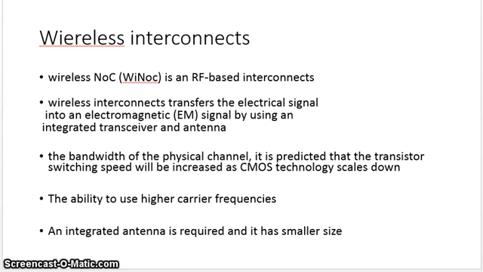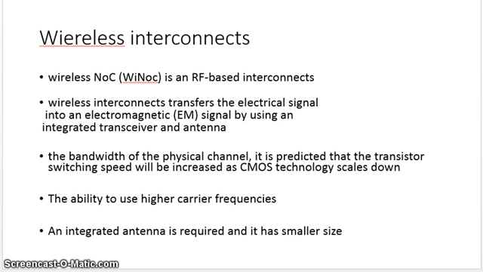Basically, wireless interconnects transfers the electrical signals into electromagnetic signals by using an integrated transceiver and antenna. These electromagnetic signals will be transmitted from one hub to the surrounding nodes in the coverage area via free space at almost the speed of light.